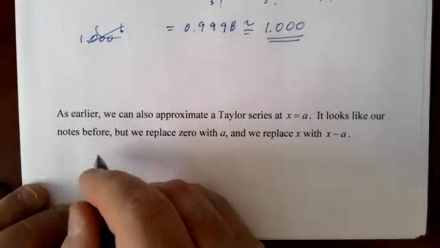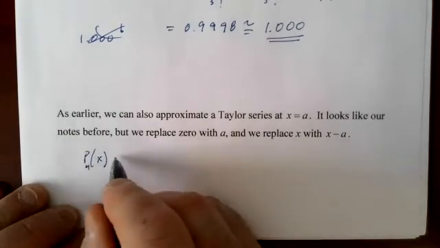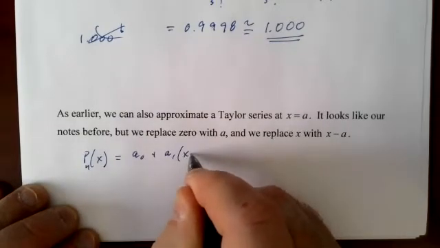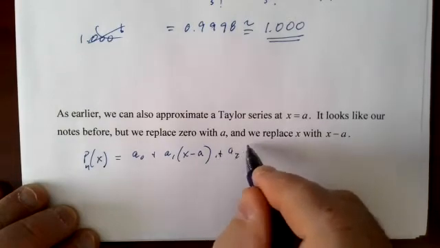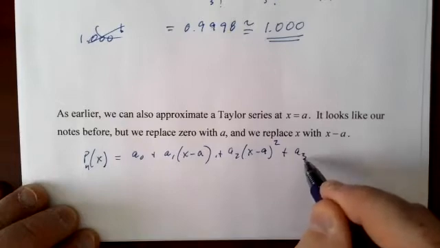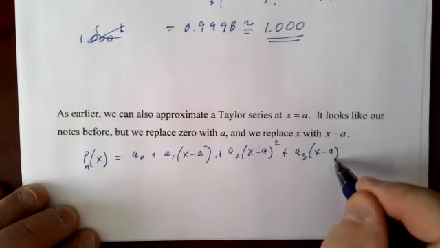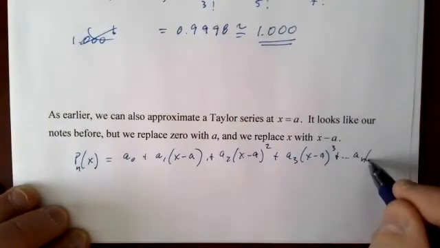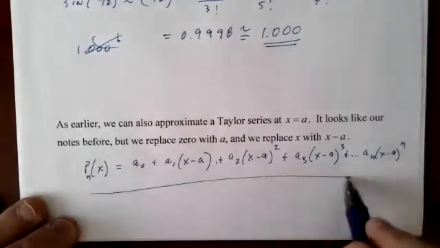It's just that thing we had earlier, with some n factorial: a naught plus a1 (x minus a), centered at a, plus a2 (x minus a) squared, plus a3 (x minus a) to the 3rd, plus dot dot dot, a n (x minus a) to the n. So we can build one like that.